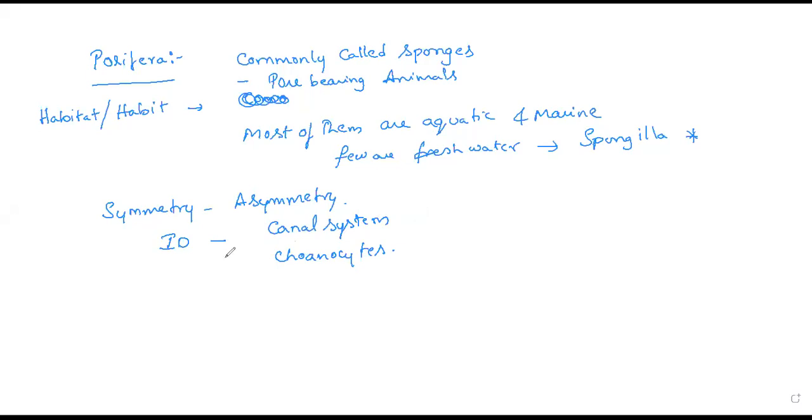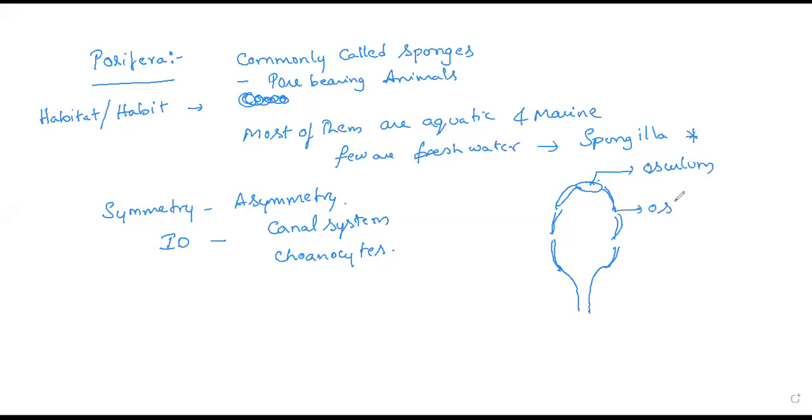So what does canal system mean? The canal system is a water transport system. I'm just going for a rough diagram here. These are pinacocytes. This is the osculum.